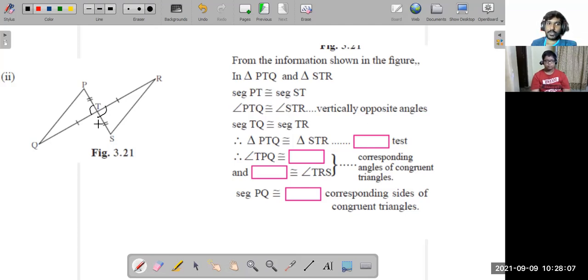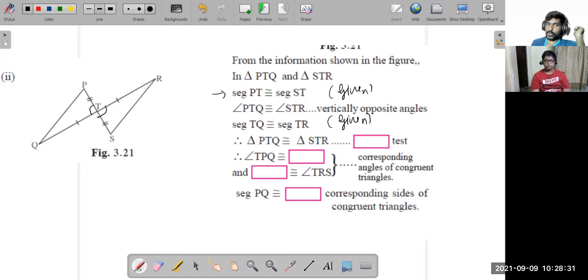Then TQ is congruent to TR. It's given in the figure. So what can you tell? These two triangles are congruent by which test?